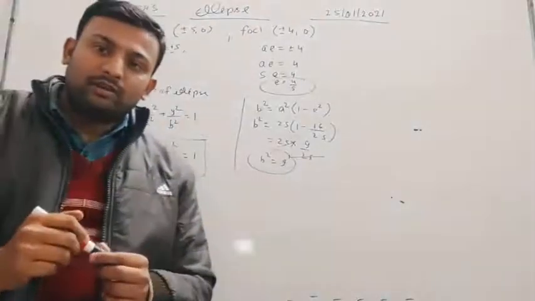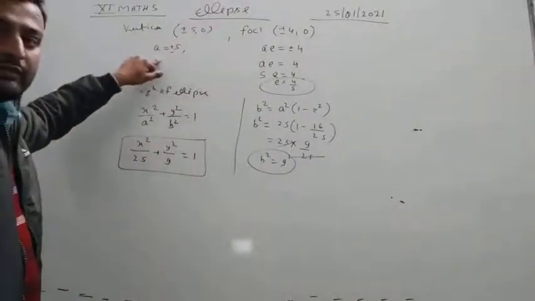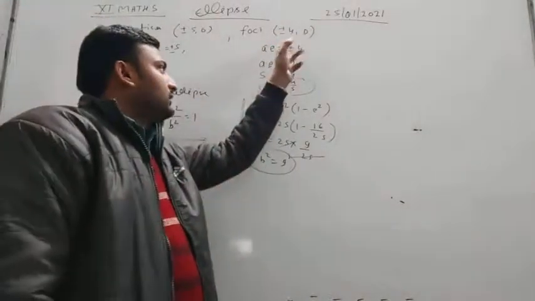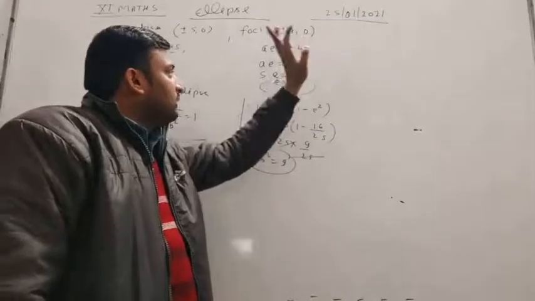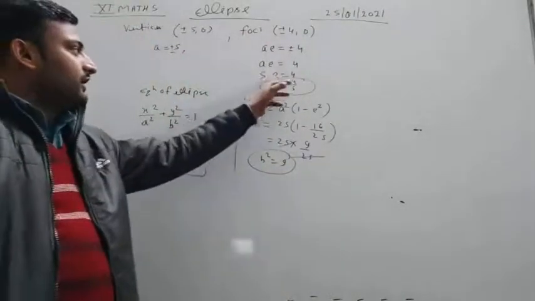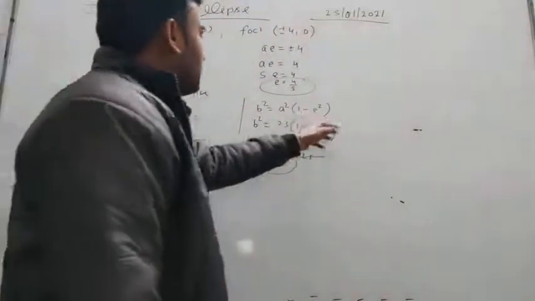First of all, what we will do, we will compare this with the vertex, which is plus minus a comma 0, and then the focus, which is plus minus ae comma 0. So ae will be equal to 4. So our e is equal to 4 by 5. So b square is equal to a square into 1 minus e square.